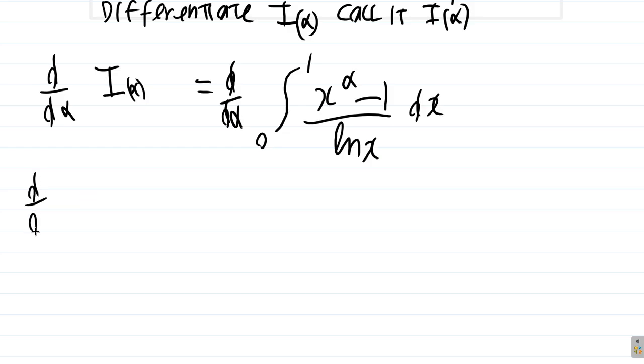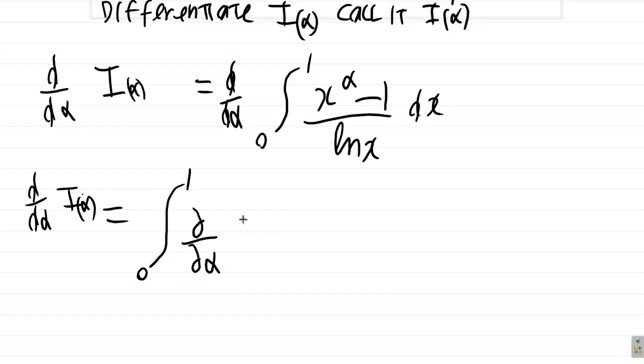So the derivative with respect to alpha of I of alpha is equal to the integral from 0 to 1 of, now we go under the integral sign, the partial derivative with respect to alpha of x to the alpha minus 1 over ln x dx.